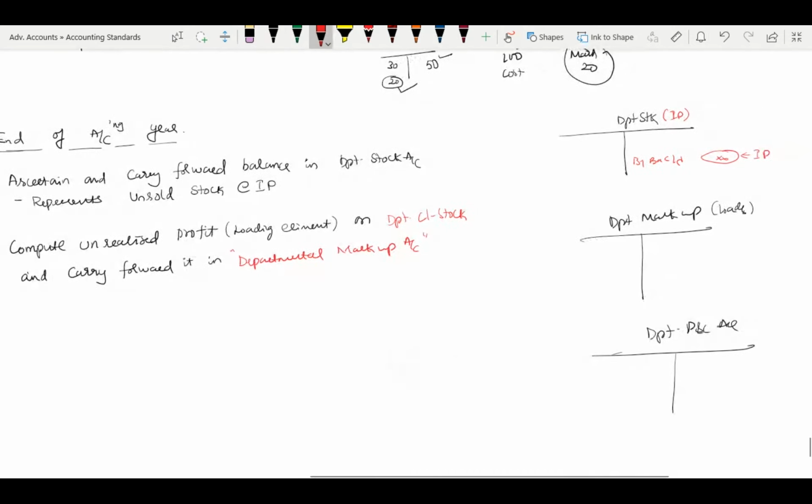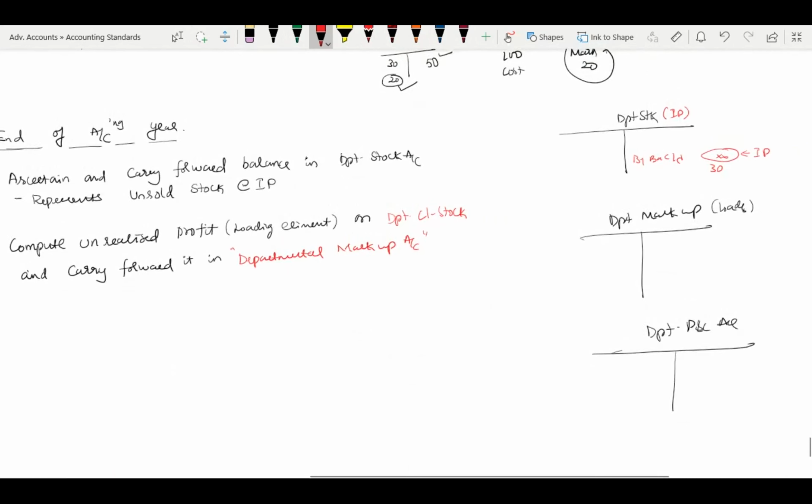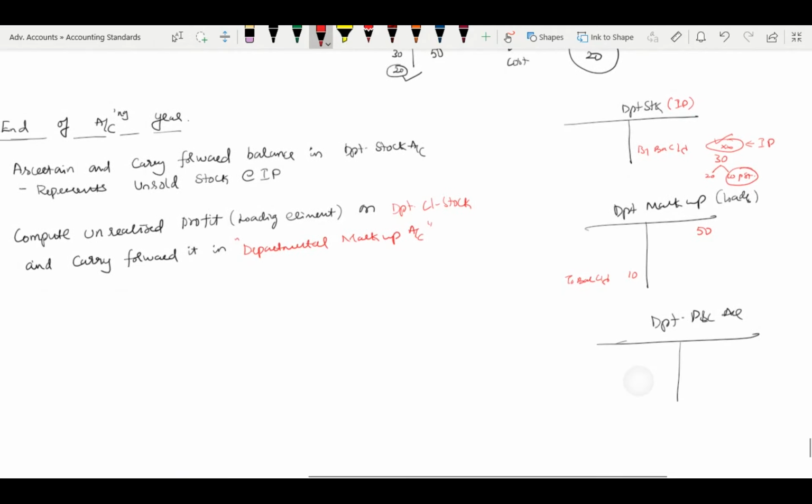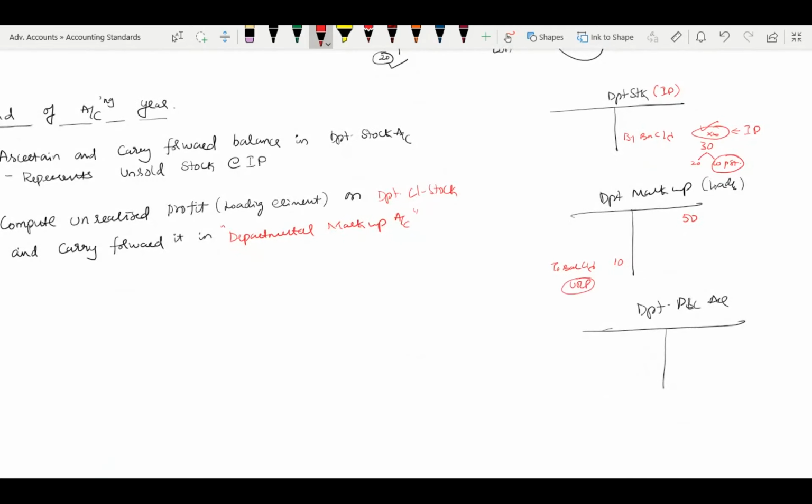Let us take an example. Say 30 rupees is the stock; on that, imagine 20 rupees is the cost and 10 rupees is the profit. Suppose 50 rupees is the markup. Out of that, 10 rupees is unrealized profit. First I have to value the closing stock, and to balance carried down I write 10 rupees, which is unrealized profit, URP.